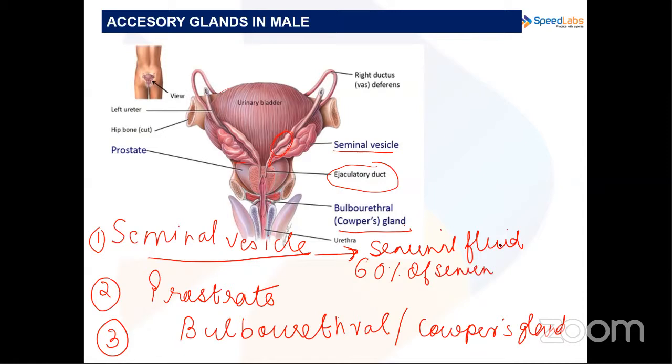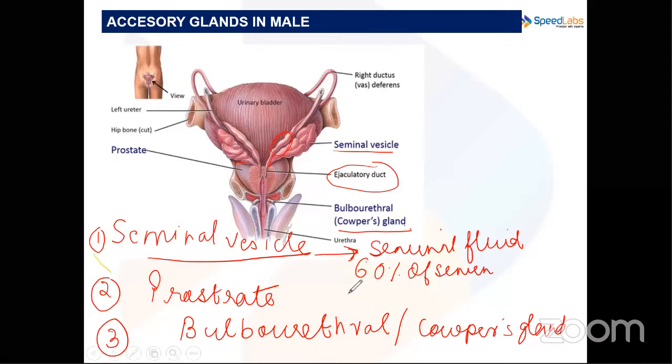Semen is actually sperms plus the secretions of all the glands. And what does it contain? It contains 3 very important substances, without which the sperm cannot be active.